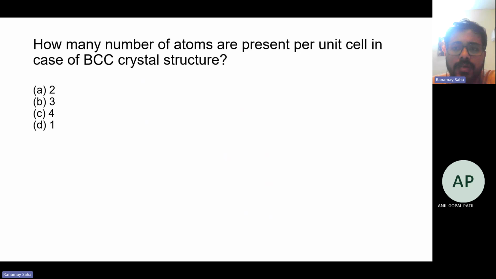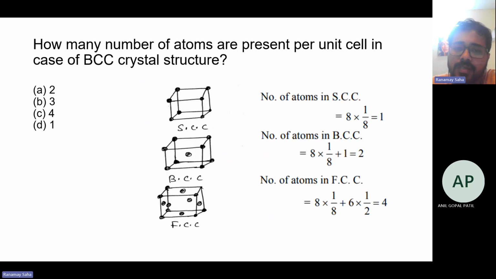And now we come to a topic: how many number of atoms. I think it's very easy. You can simply calculate it if you have an idea of how many number of atoms are there in the different kinds of cubic cells. So this is SC, simple cubic, BCC, body centered, and FCC, face centered.